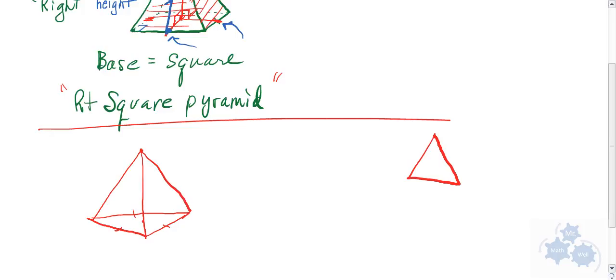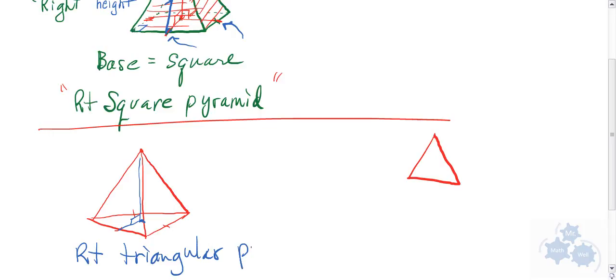That's the toughest for me on this drawing utensil here. Boom. Okay. So if this is a right angle that's formed with the height here and any one of the sides, right? It's a right angle. This is going to be a right triangular pyramid.